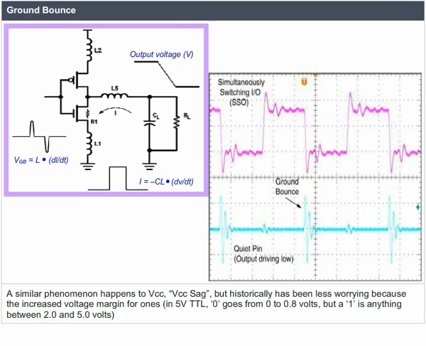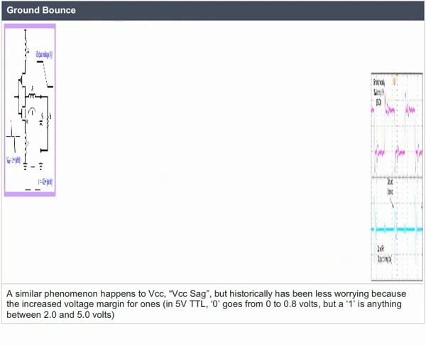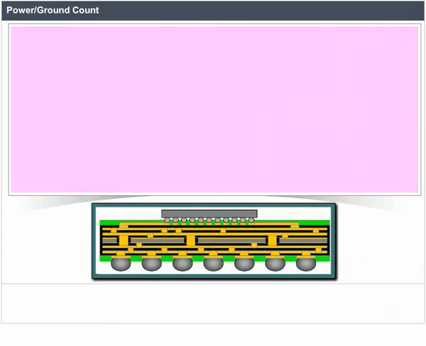A similar phenomenon happens with VCC sag, but historically it has been less worrying because of the increased voltage margin. In 5V TTL, a 0 goes from 0 to 0.8 volts, but a 1 is anything between 2.0 and 5.0 volts.